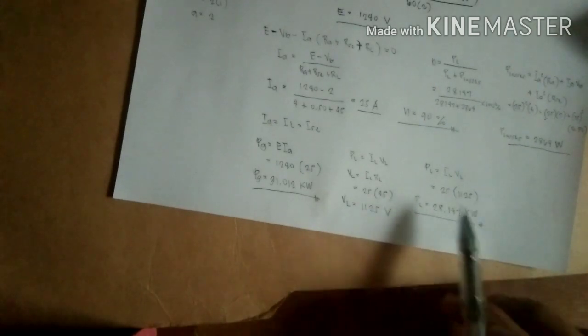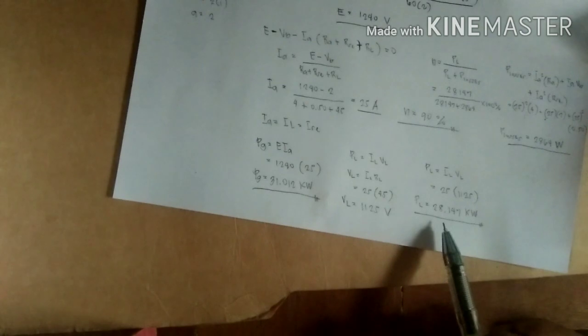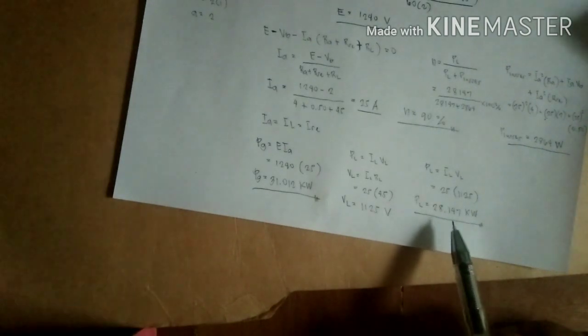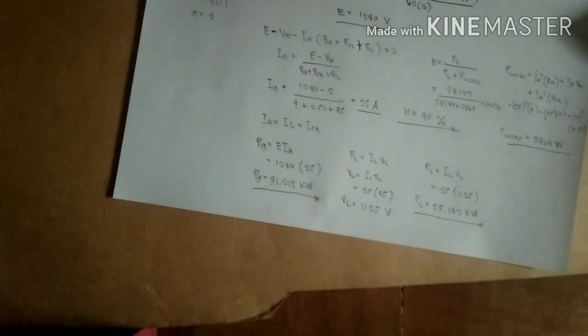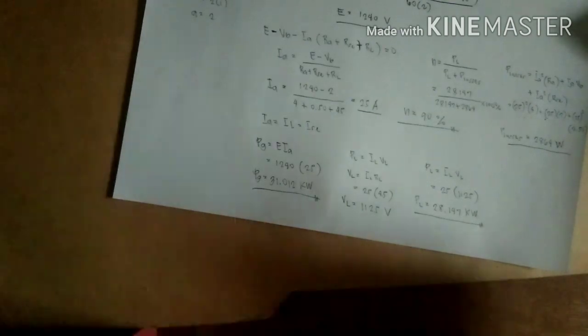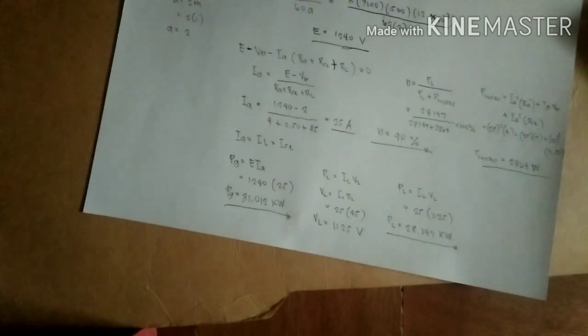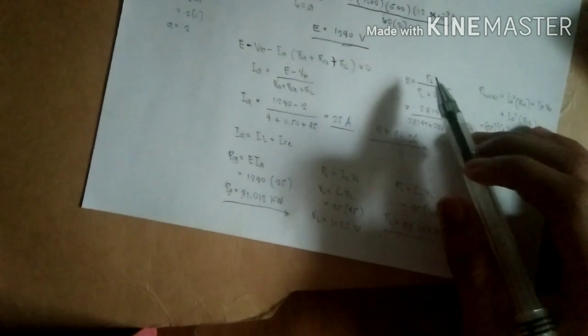Upon multiplying these values, we get 28.147 kilowatts, or 28,147 watts. Since we already have our power delivered, we can also get the efficiency of this generator.